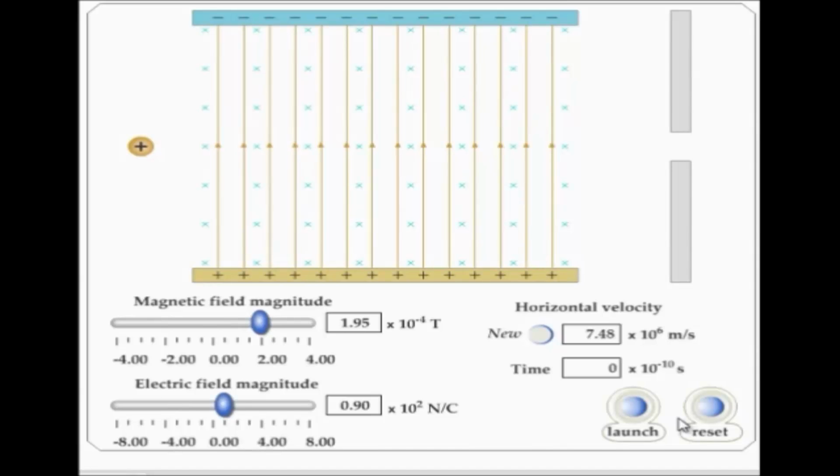Let's check. We exactly know how magnetic field and electric field influence the behavior of positively charged particles in the situation when the magnetic field is zero. The particle will deflect toward the negative charge.